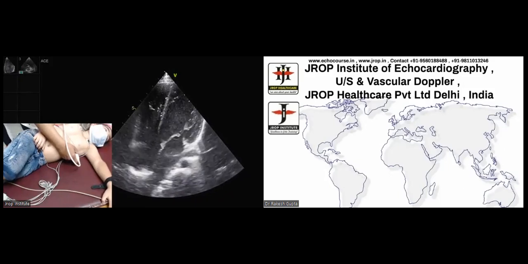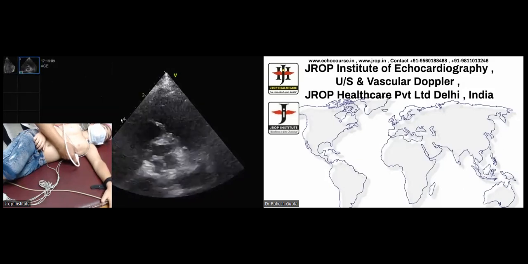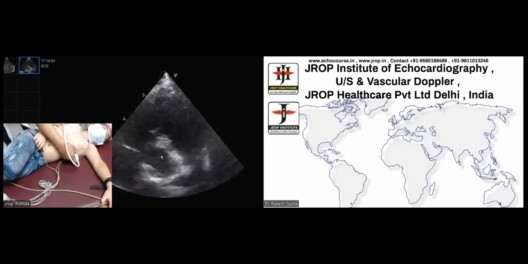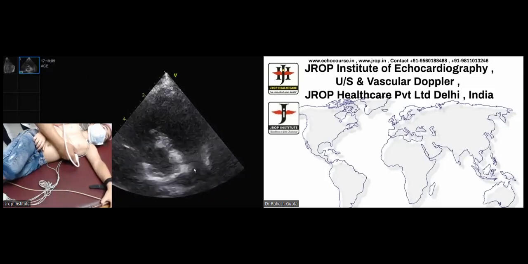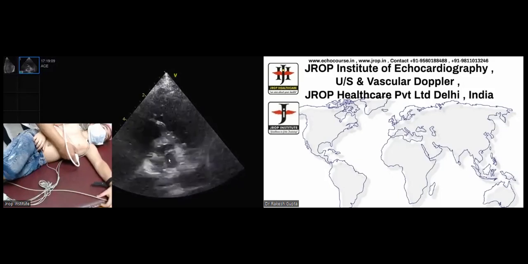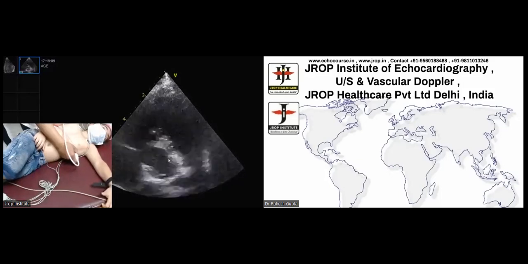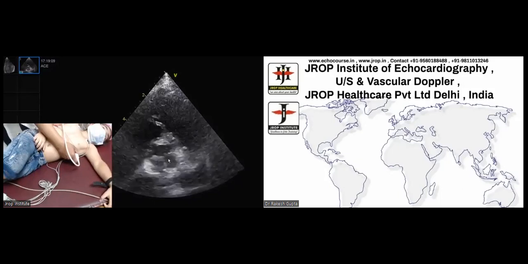So this is morphological RA, morphological LA, mitral valve, tricuspid valve, LV, RV, atrioventricular concordance through the mitral valve, atrioventricular concordance through the tricuspid valve, and the great vessels attachment is aorta in the center and a pulmonic artery wraps around. That is atrio-great vessel connection, which is concordant.